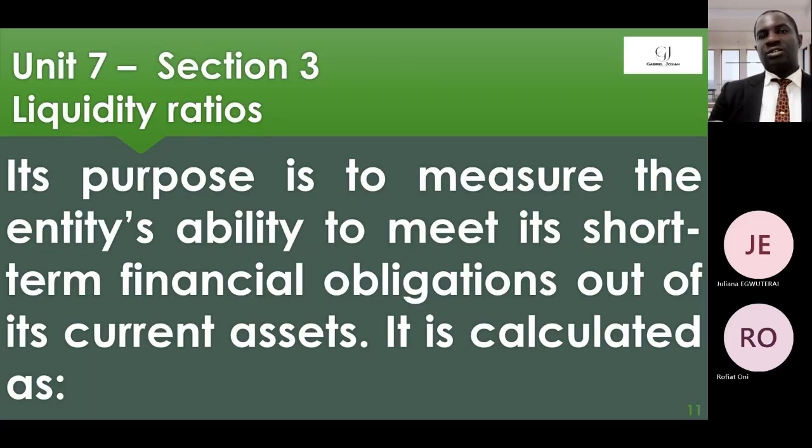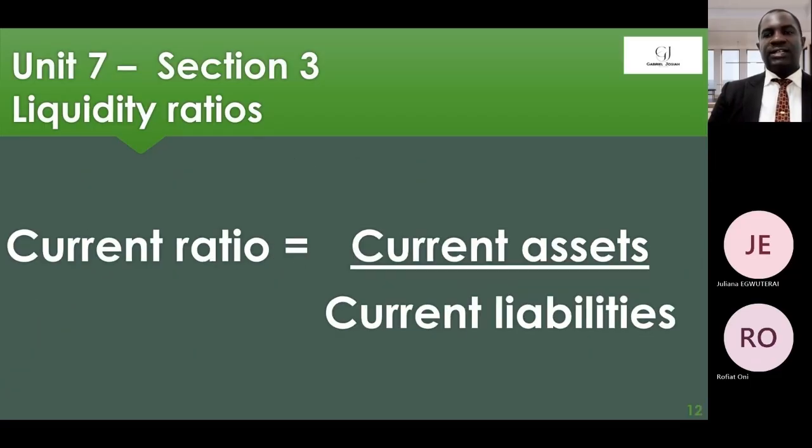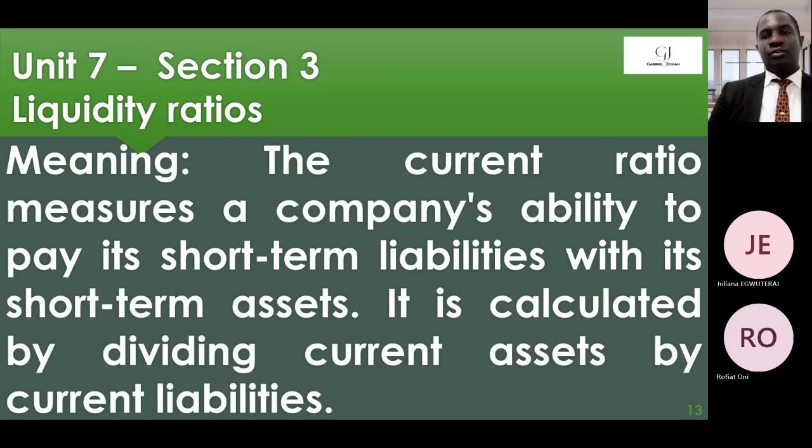Current assets, talking about the investment in short-term assets and not the long-term assets. It's calculated as your current assets divided by current liabilities, a very popular ratio. It means the company measures the ability to pay short-term obligations with short-term assets.